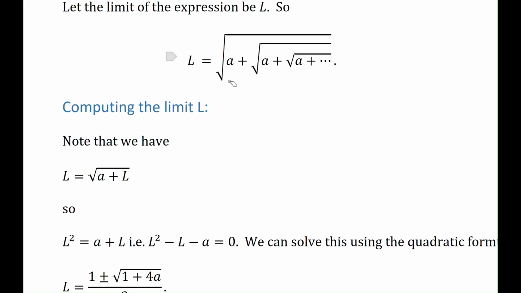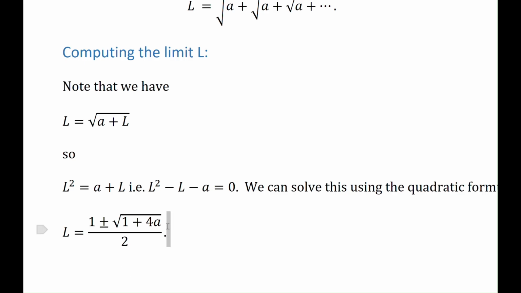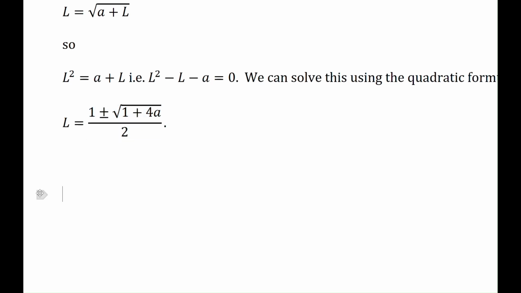A has to be positive, by the way, for these square roots to make sense. So we've got the square root of a bunch of positive expressions, hence we would expect a positive result. This is clearly negative when we use the negative sign here. So we're going to disregard the negative and keep the positive. Note that it's clearly positive when we use the positive sign.